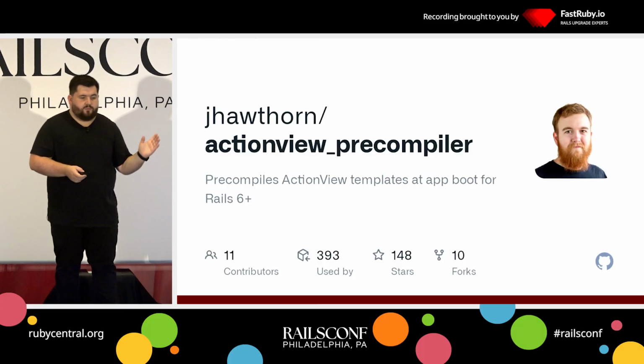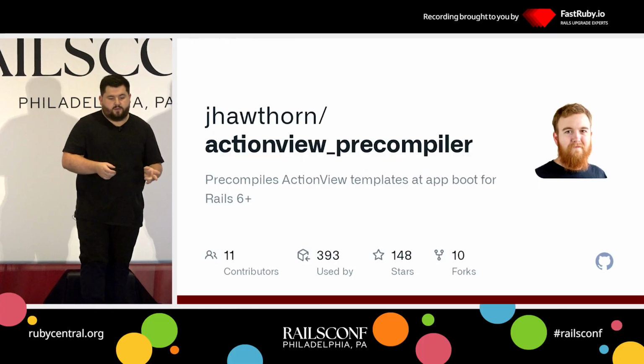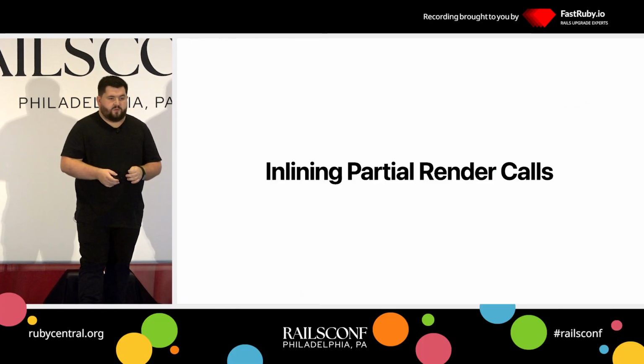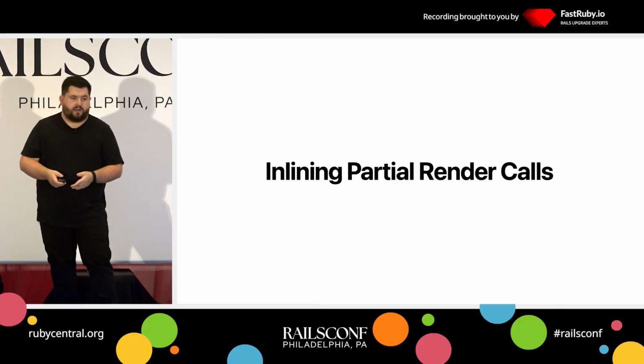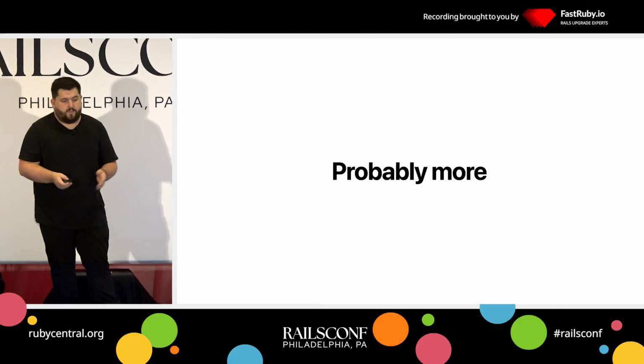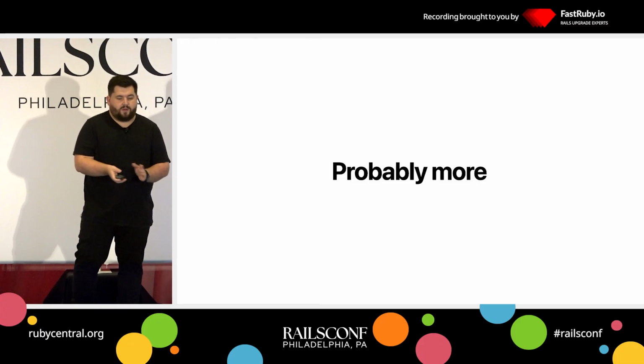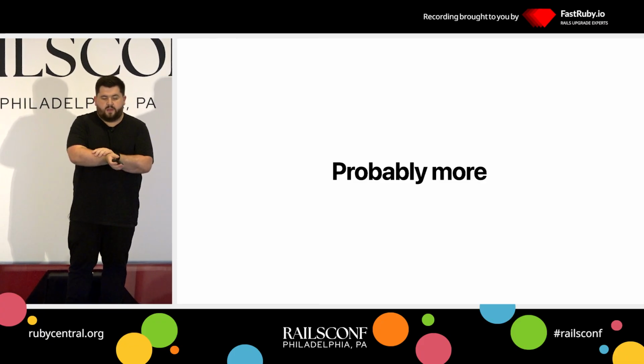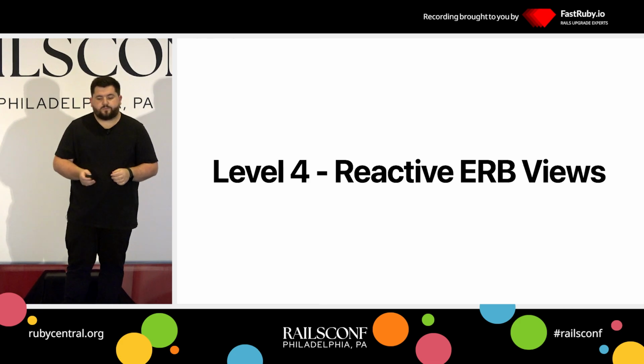But we could probably do more advanced optimizations now that we have all the introspection. Maybe something like inlining all the partials directly, so you don't have to do an actual render call anymore, or other things. So that's probably more to explore. I haven't really dug into this yet, but that's something to check out.